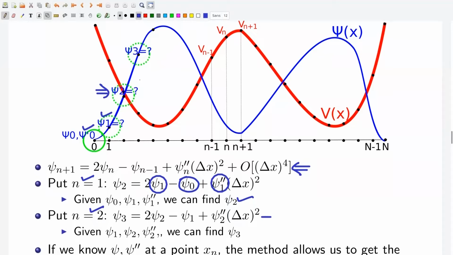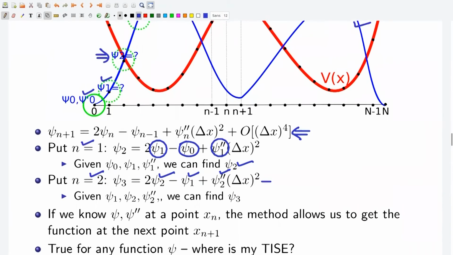And then again, you see that to get psi 3, I need psi 2, psi 1, and psi 2 2 dashed. So that means if I know about the function at psi 1 and psi 2, I can get the value of psi 3, and so on. So we can keep doing this, and then you will see that you will generate the entire blue curve by doing this.